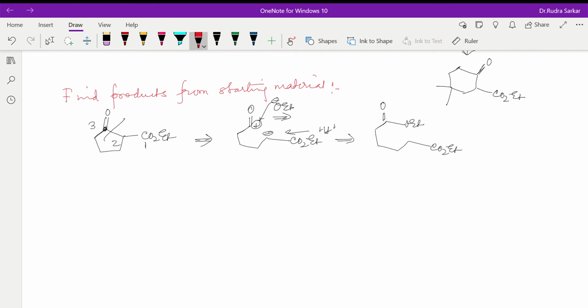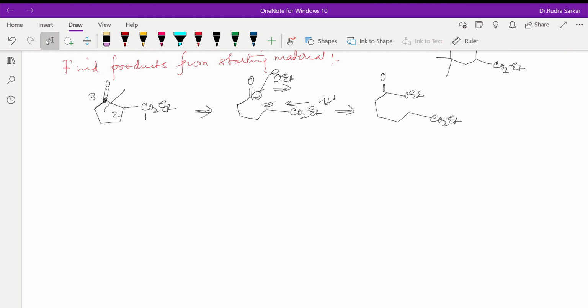So whatever shortcut techniques I've shown you, we will go for another practice of this in the next reaction. We are saying the acetoacetic ester synthesis.